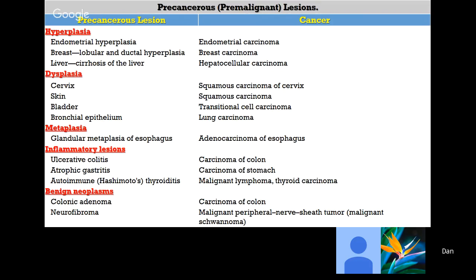Then skin cancer. Obviously, it depends. It can be radiation, it can be the sun, but skin cancer is not only squamous cell carcinoma, it can also be melanomas.